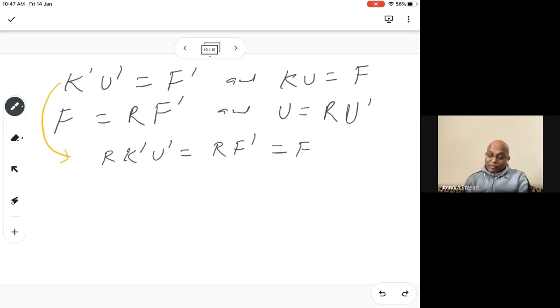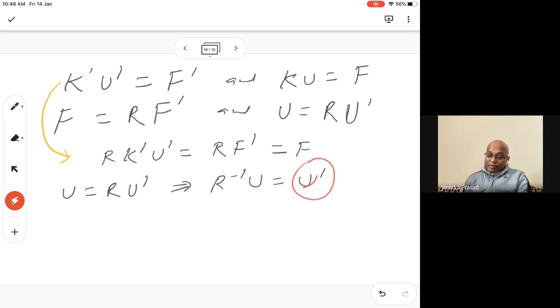So what do we have? We have u equal to R u dash. That really means we can have R inverse u equal to u dash, right? So u dash we put here, and from here we put that value.